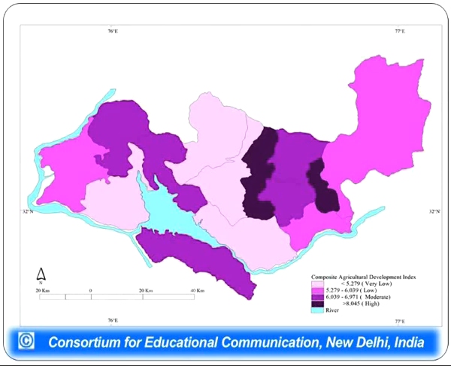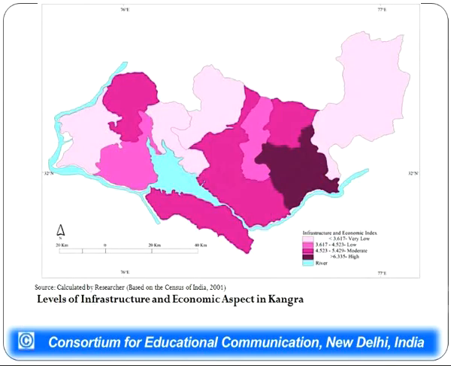They are going more and more for livestock rearing. Level of infrastructure, if you see, due to the physical limitation, naturally infrastructure facility will not be better in the upper part of the region, but in the southern part we have a better level of infrastructure.